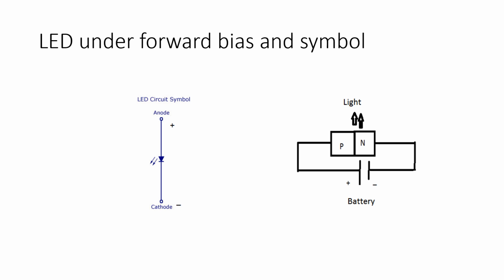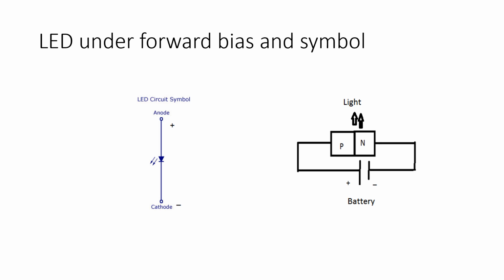Next we'll see the symbolic representation and forward bias condition of the LED. In the symbolic representation you have two terminals, the anode and cathode, and a PN junction, and over the PN junction there are arrows that indicate the light emitted from the LED. In the forward bias condition, the LED will work.